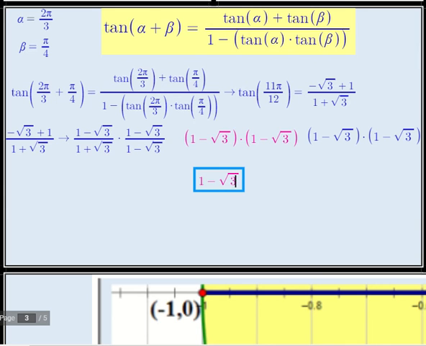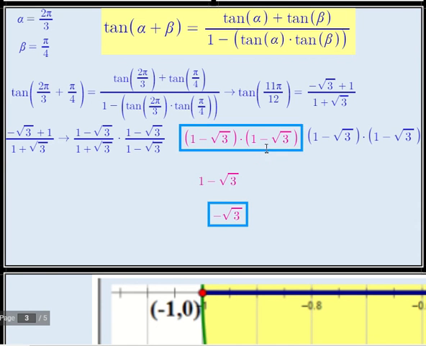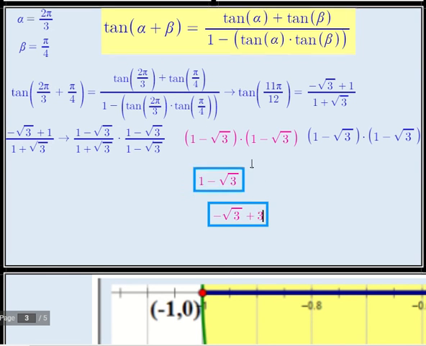So the 1 did its job. Now it's time for negative radical 3. So negative radical 3 times 1 is negative radical 3 again. But negative radical 3 times negative radical 3 is actually positive square root of 9, which is just positive 3.